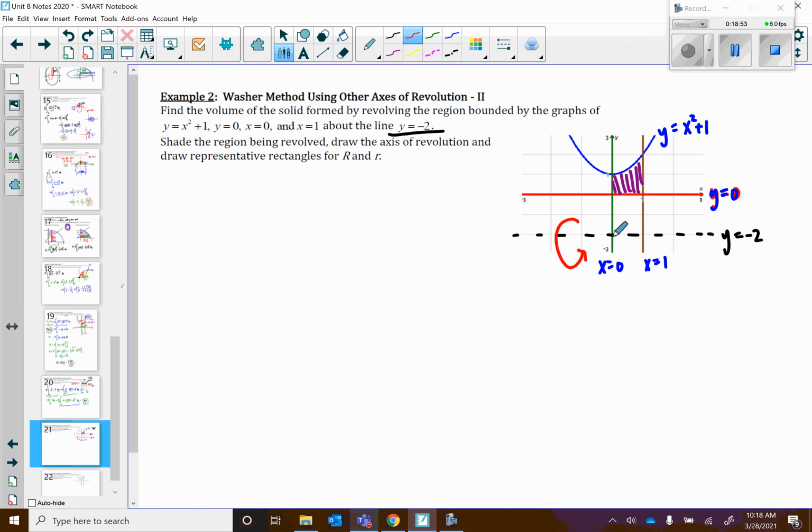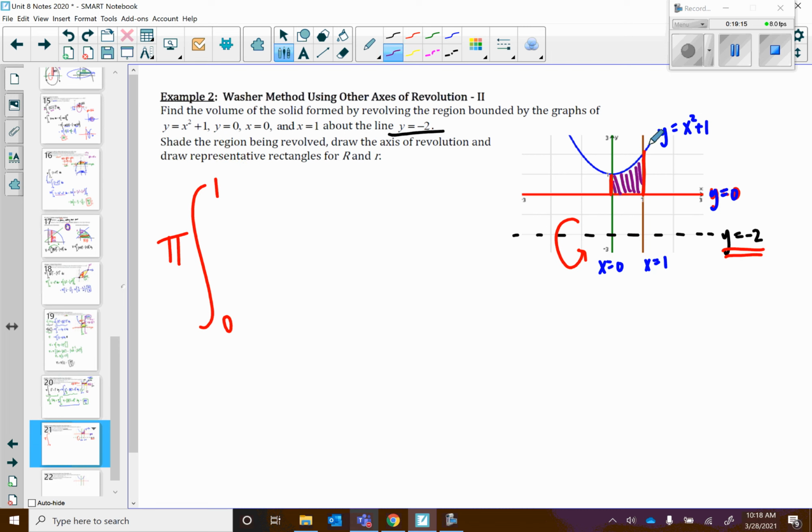All right, so I can tell you right off the bat, we need our pi times r squared. And our bounds, because we are rotating it around our y equals negative 2, are going to be from 0 to 1. And now let's think about this. What is our big radius here?